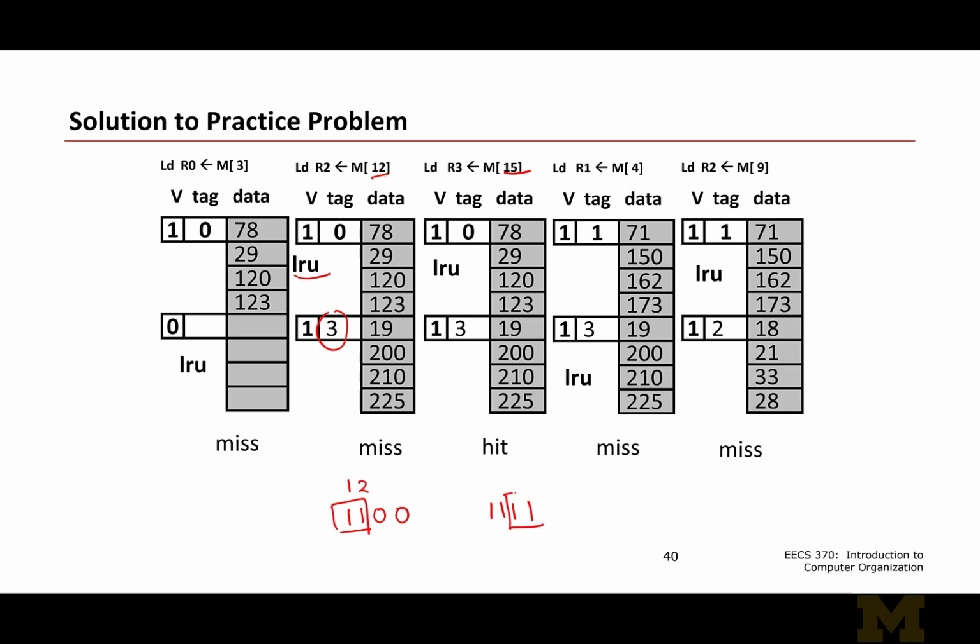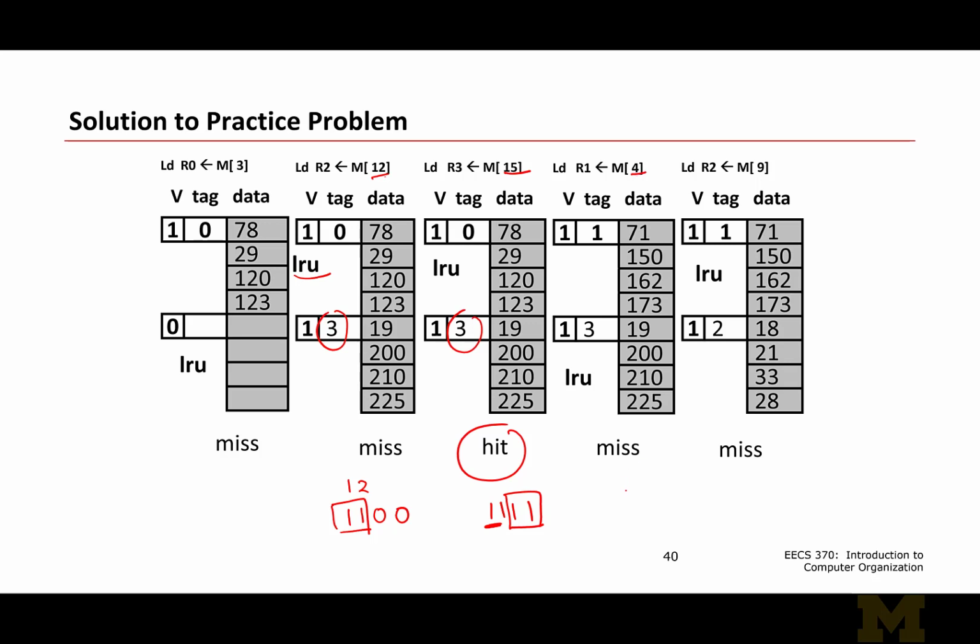The last 2 bits are block offsets, the first 2 are tag, and I had accessed this block before, and so therefore it is going to be a hit. I don't really need to think more about the data when I'm simulating the cache, though in reality the data is what you're looking for.